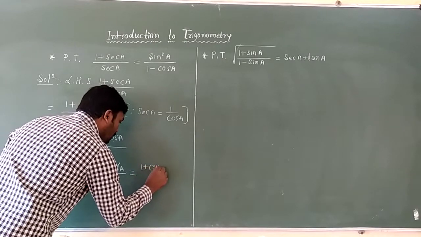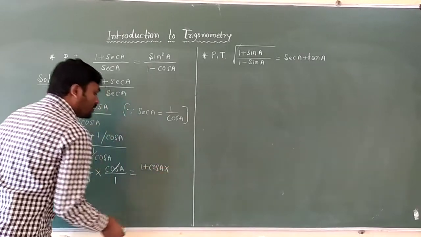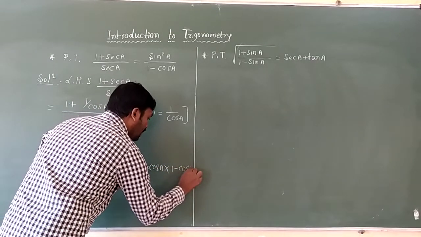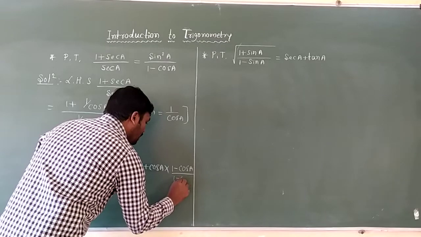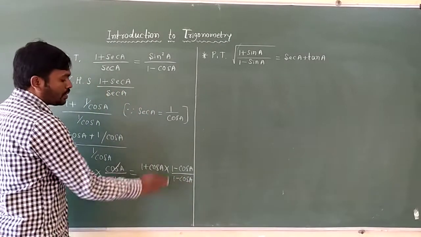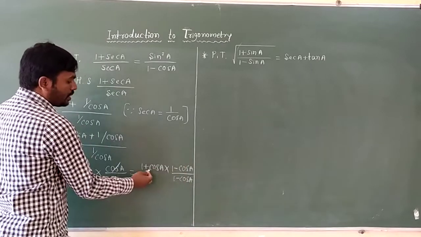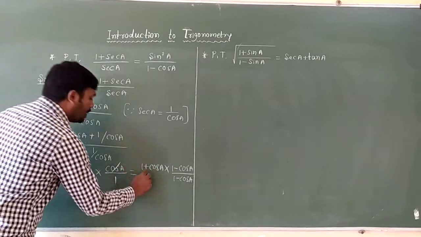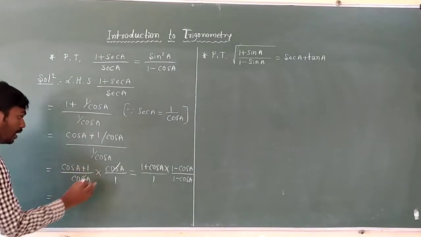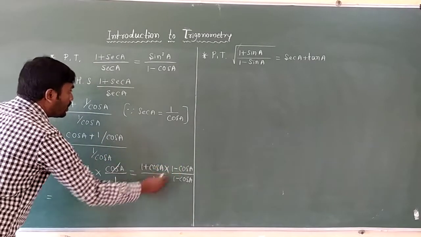1 plus cos a. We will multiply this by (1 minus cos a) divided by (1 minus cos a). If we multiply it by 1 minus cos a by 1 minus cos a, both get cancelled, so we will get the same answer. This remains the same. So by multiplying, 1 plus cos a into 1 minus cos a is what?